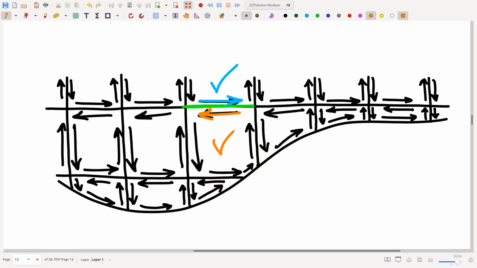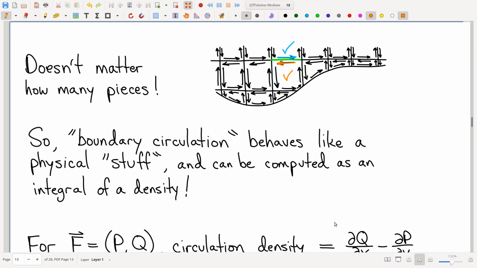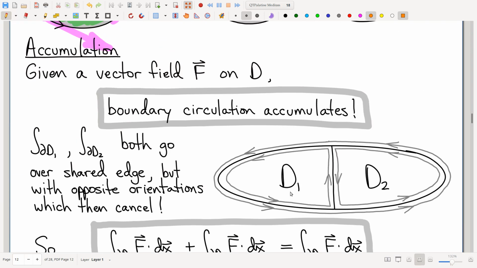And ditto every other interior edge. So it doesn't matter how many pieces you chop it up into, boundary circulation accumulates.